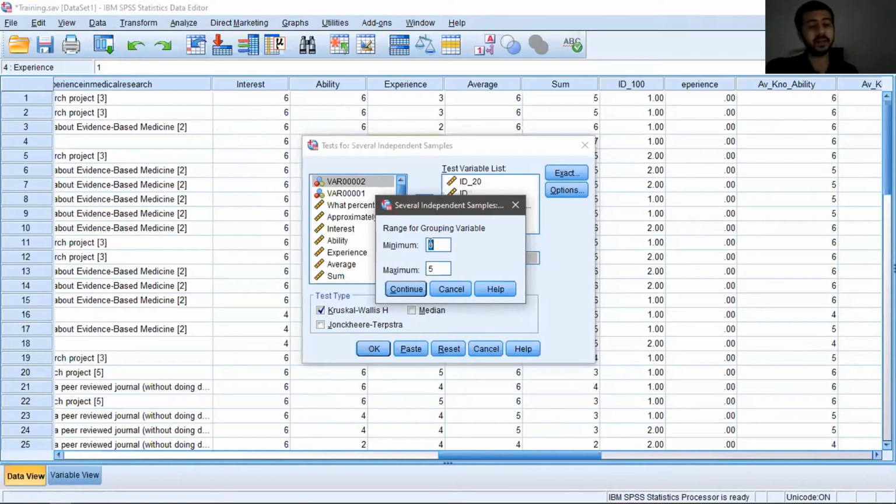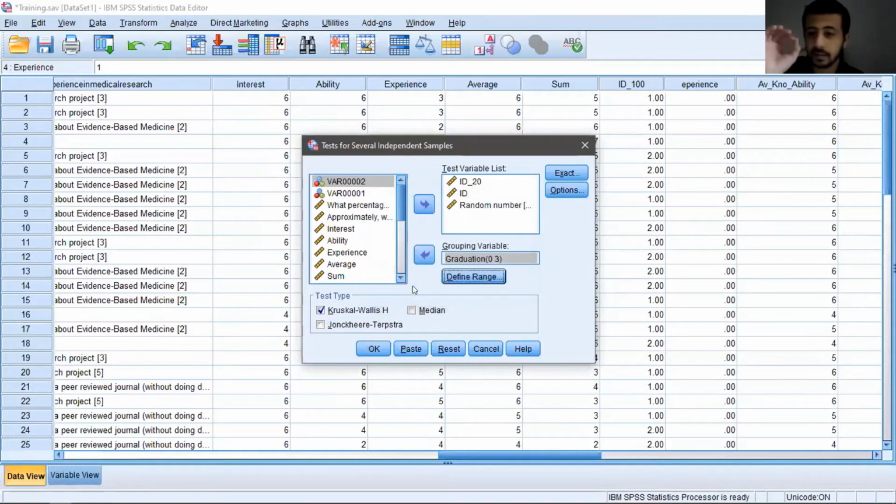If I have 10 categories and I just want the first 3 of them, I will put 0 to 2. Now I will take 0 to 3, because I remember the third group was named 3. It is not a number, it's a name, like a numeric name.